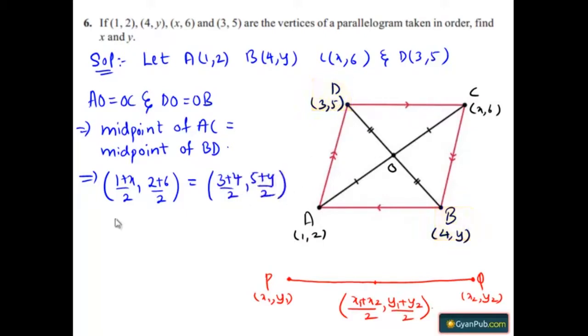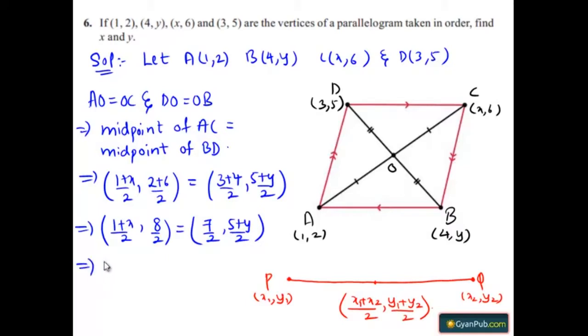This implies (1 plus x) divided by 2, and 6 plus 2 is 8, so 8 divided by 2, equals 3 plus 4 is 7, so 7 divided by 2, (5 plus y) divided by 2.